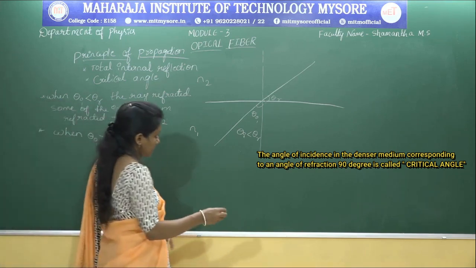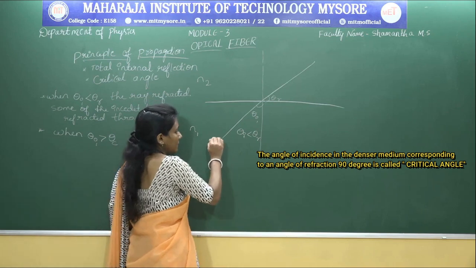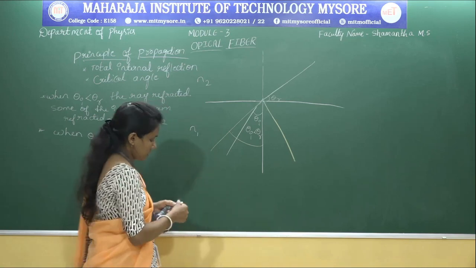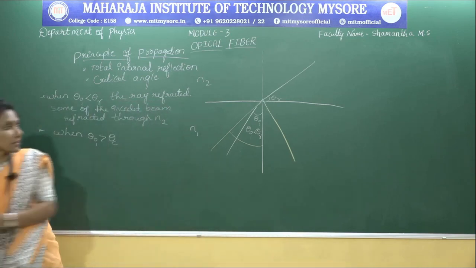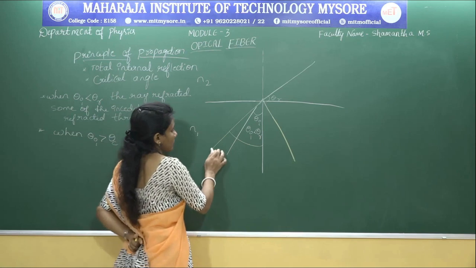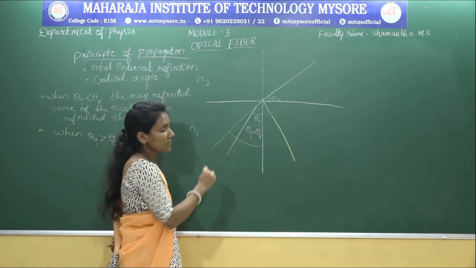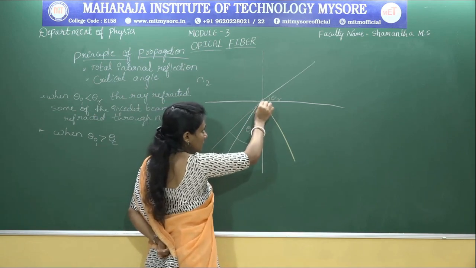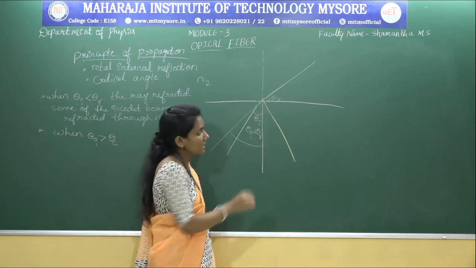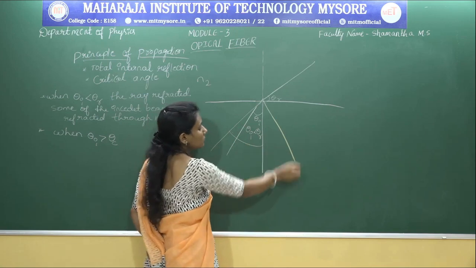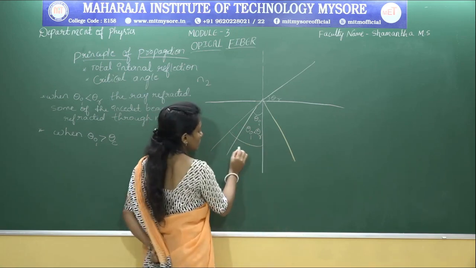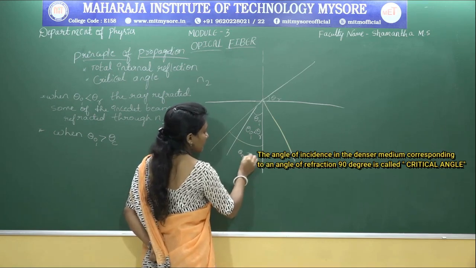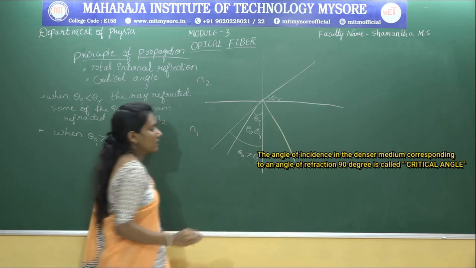The ray of light enters from the denser medium, just touches the interface, and again reflects back to the same medium. So that is total internal reflection. At this, the angle of incidence is greater than the critical angle.